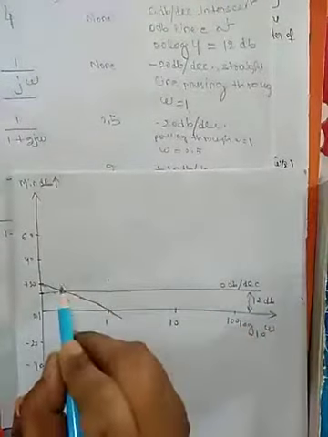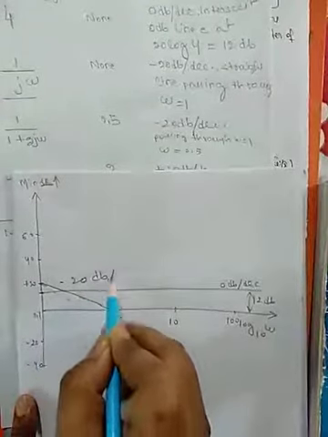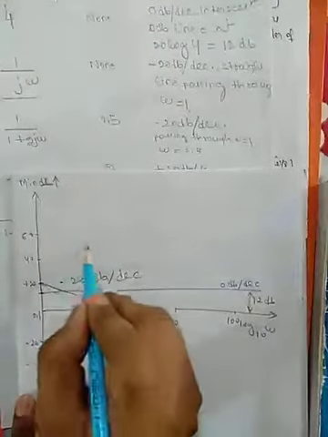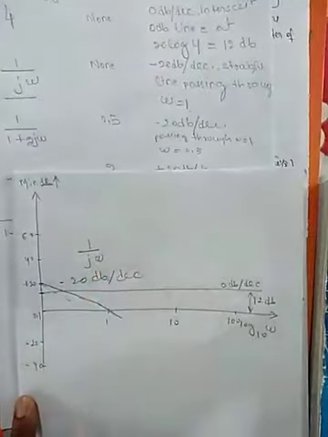This one is minus 20 dB per decade, for the factor 1 by j omega.